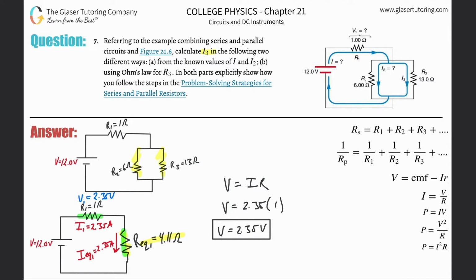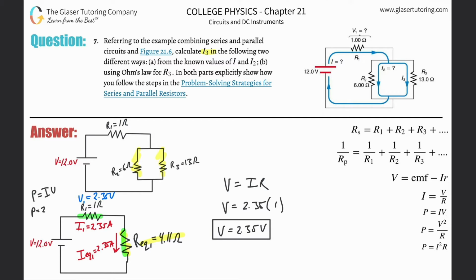You know what we could also do now? Couldn't we find the power? I mean, we could have found that before too, but we could find the power if we wanted. So how could we do it? Well, use whatever you like. You've got a whole bunch of values, use whatever you want to use. So the power here is going to be equal to IV, or you can use V squared over R. They're all going to work out to be the same. Maybe we'll use IV.